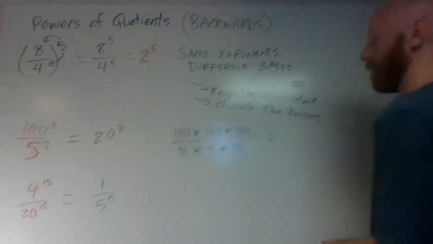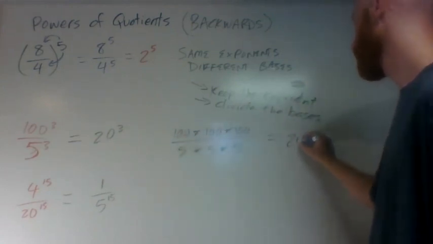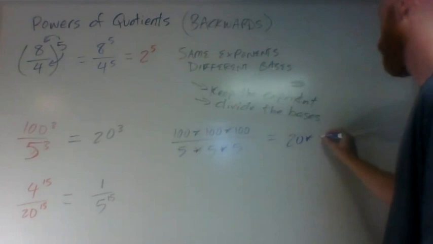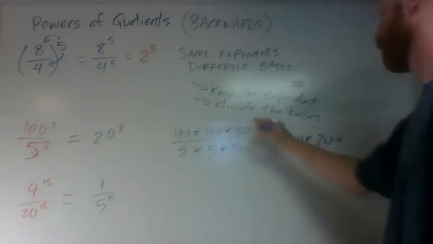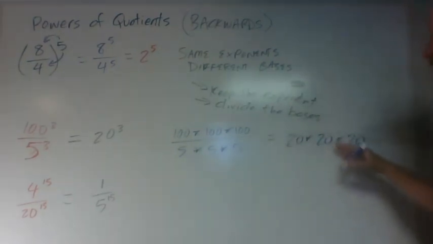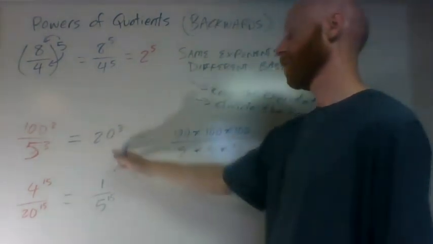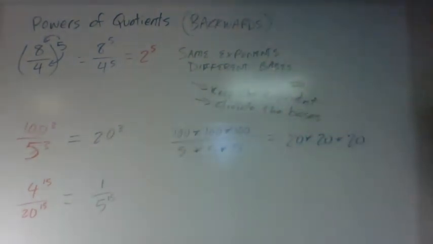So 100 divided by 5 is 20, 100 divided by 5 is 20, 100 divided by 5 is 20. And that's where we get our 20 to the 3rd power.